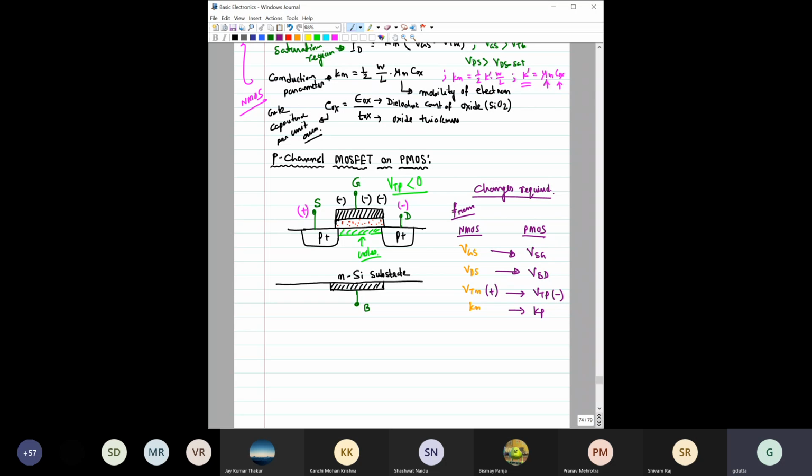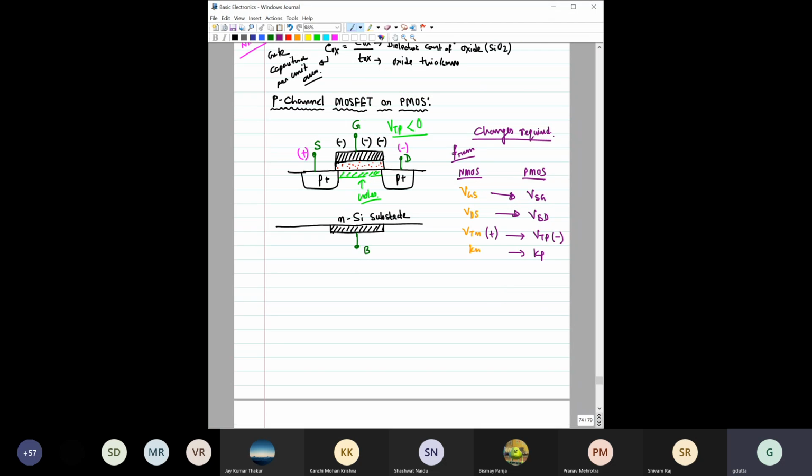If you have understood this part, let me ask you a quick question and see whether you can answer it. Consider a P-channel MOSFET.